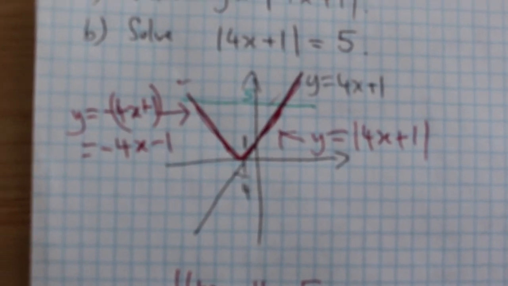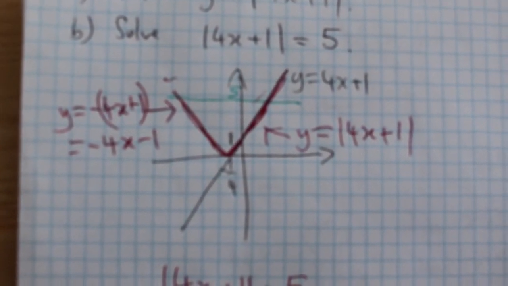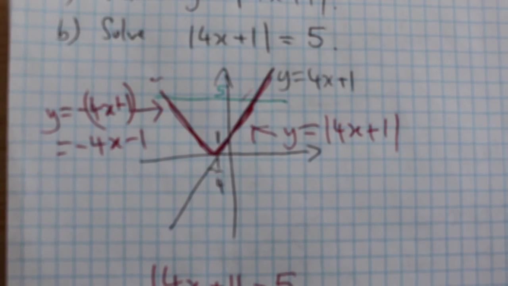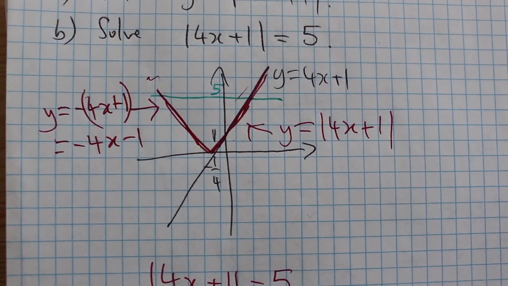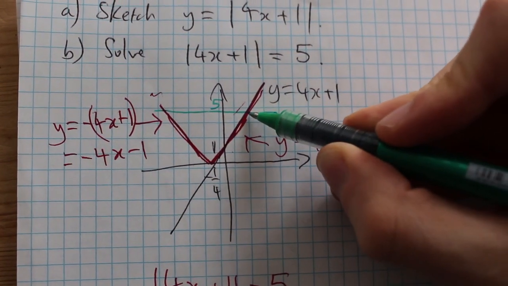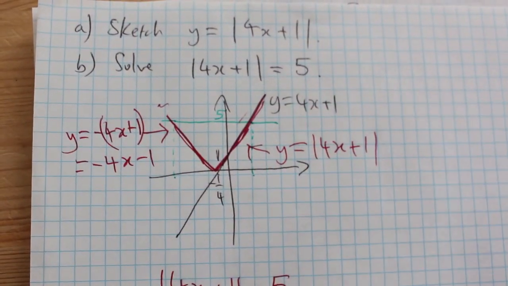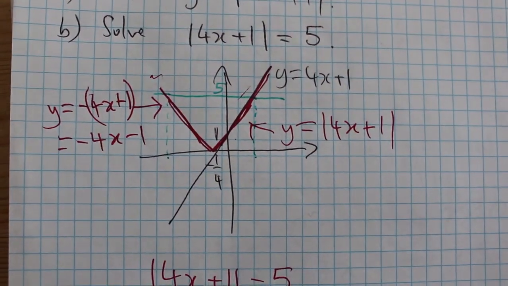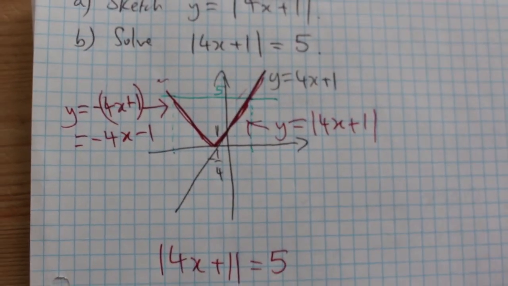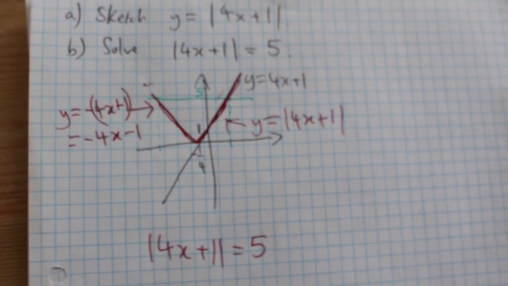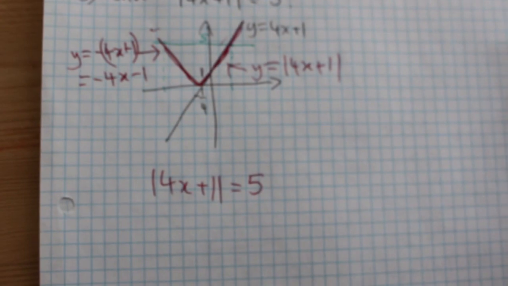There's the line y equals 5, and we can see from the graph that we're expecting two solutions. We've got one solution here, and another solution over here. There are two solutions. To find them, there are a couple of different ways we could do it.